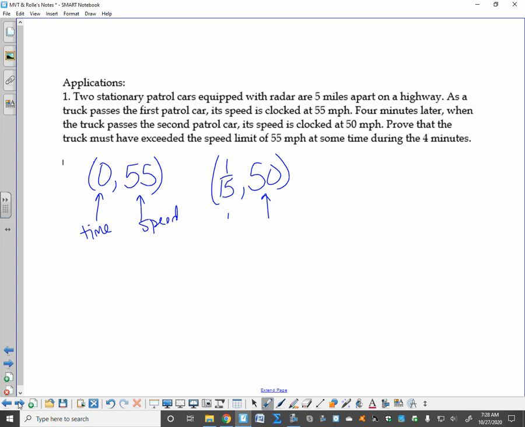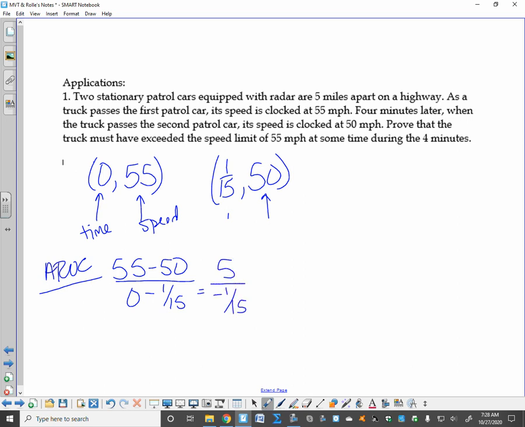So now what I'm going to do is find his AROC. I'm going to find the average rate of change between these two. So 55 minus 50 over 0 minus 1/15, which is 5 over negative 1/15.